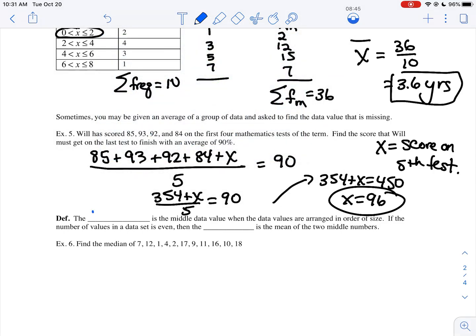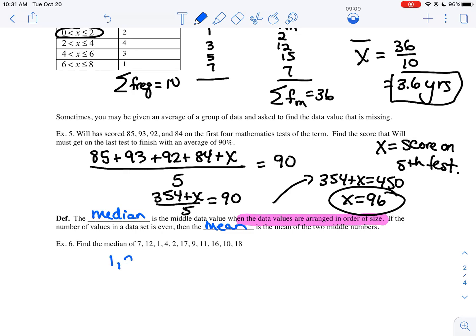All right, the median. The median is the middle value when the data are arranged in order from smallest to largest. Okay, it does have to be ordered. Then, if the number of values in the data set is even, you're going to take the mean of the 2 middle numbers. So let's put these in the right order.